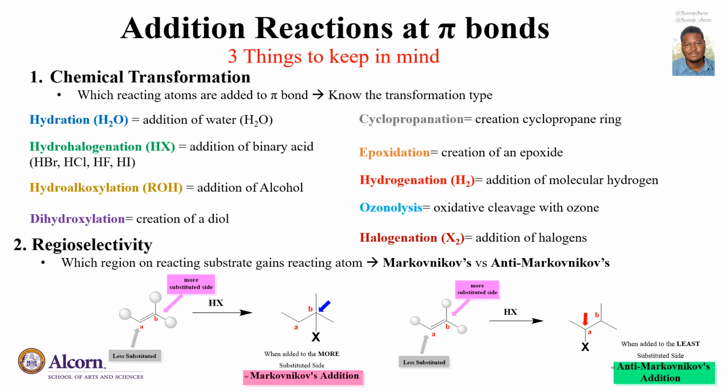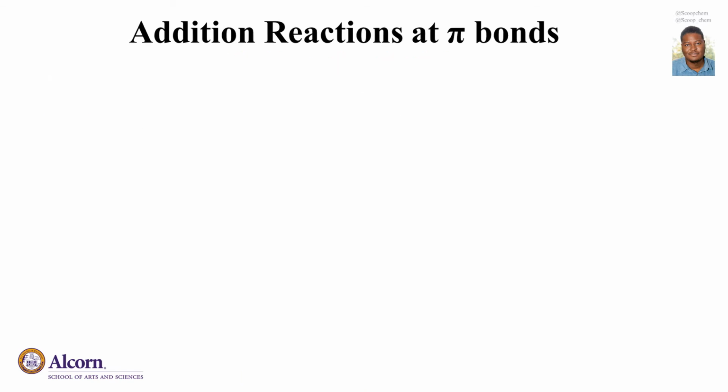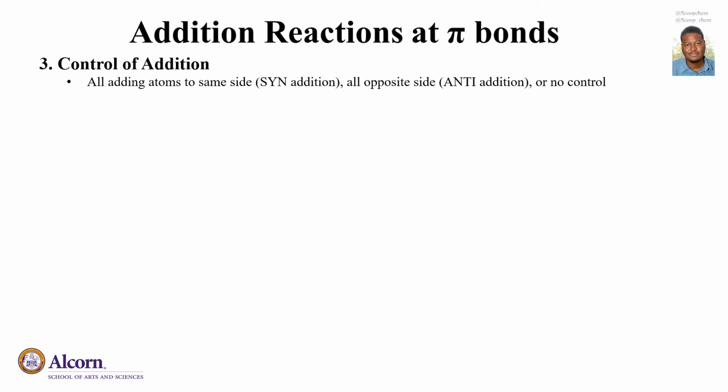Is there a Markovnikov or an anti-Markovnikov addition for each one of those classes of transformations? The third thing to consider is the control of the addition. Do all the adding atoms add to the same side or to opposite sides, or is there no control over how they add?